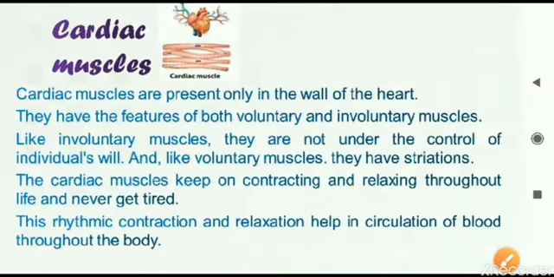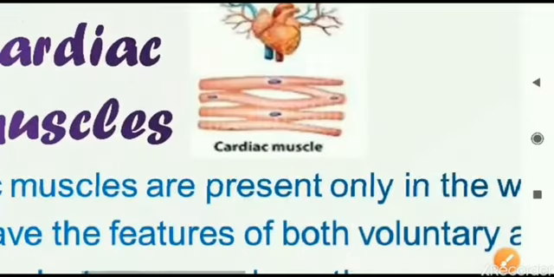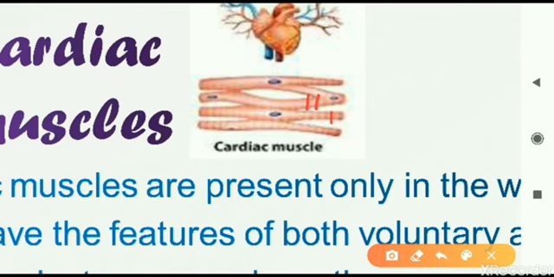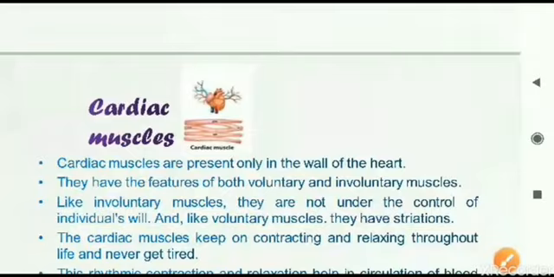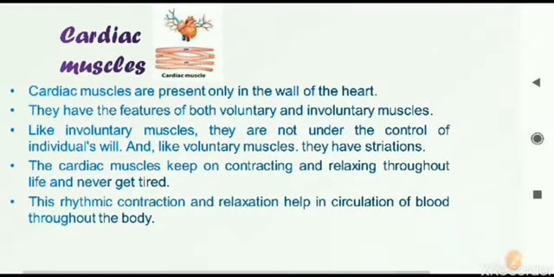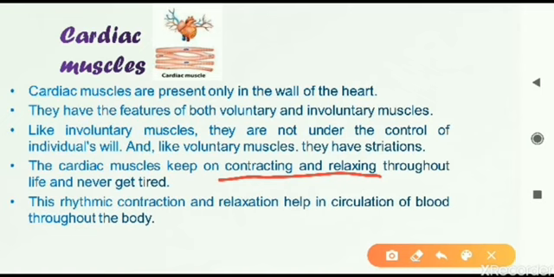We will see here, you can see different lines appearing. Those are the striations, and the nucleus you can also see. Now the cardiac muscles are regularly working. They are a special type of involuntary muscles, regularly contracting and relaxing, and they will keep on working until the death of a person.